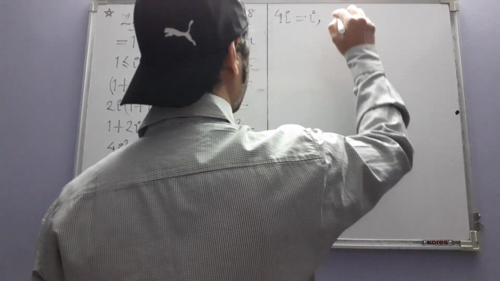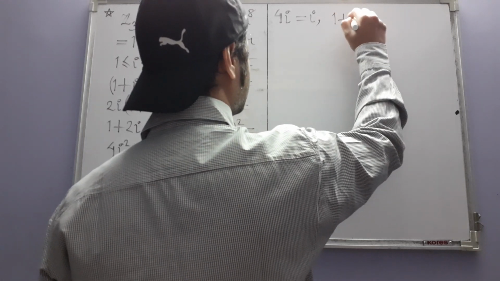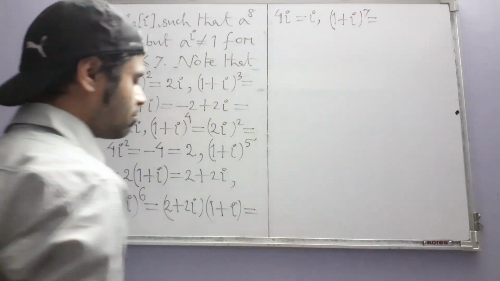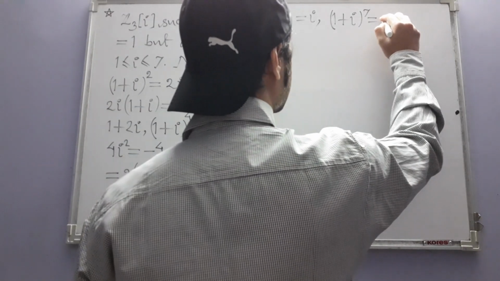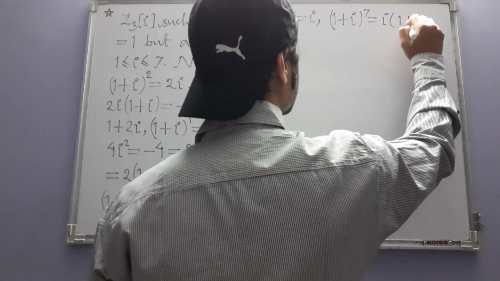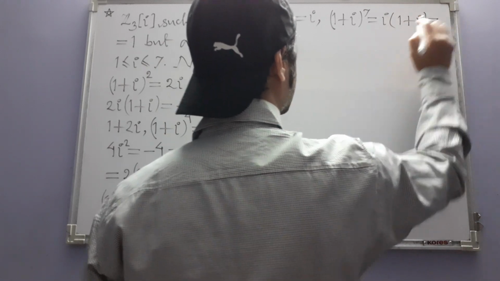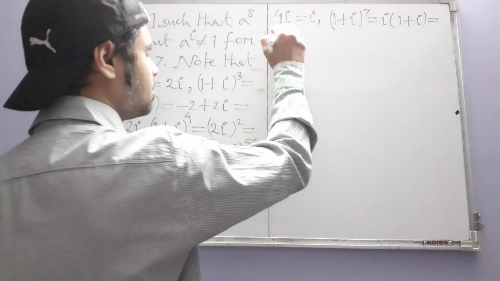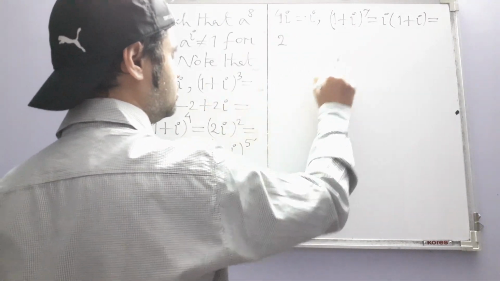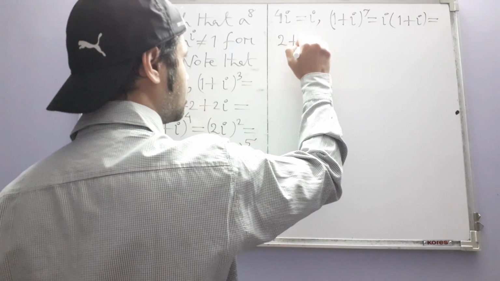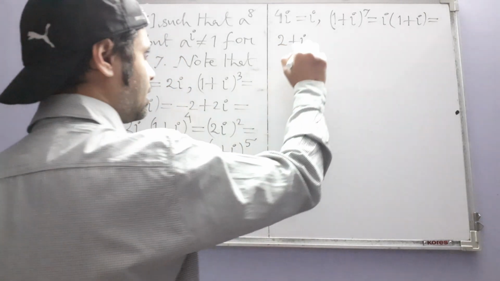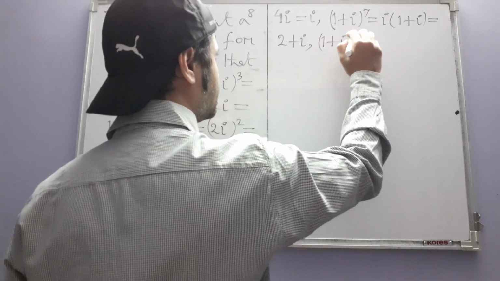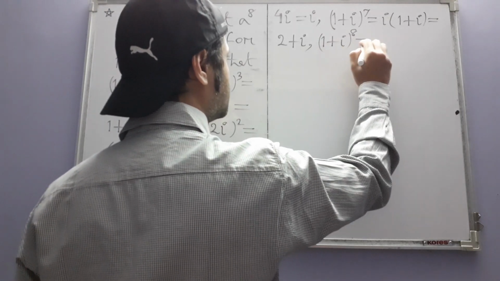Then the seventh power is the sixth power, which is I times 1 plus I. So that means I square will be minus 1, that minus 1 is the same as 2 in Z3, and this extra I. And finally we will see that the eighth power will be 1.